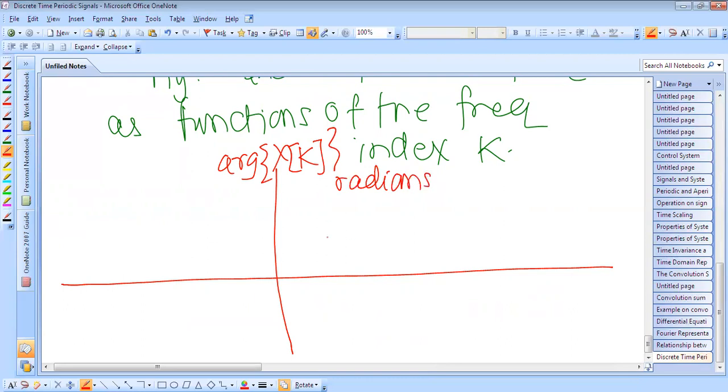Okay, so this is 0.5, this is 1, this is minus 0.5, this is -1.